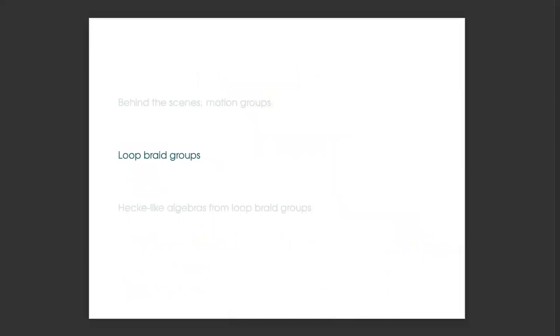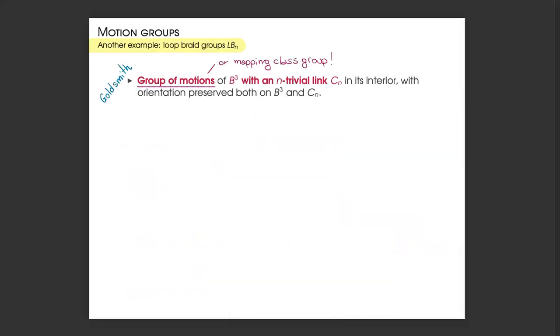Now that we have recollected the whole picture, let's move to another example of motion group, the loop braid group. The loop braid group can be defined as the motion group, or also as the mapping class group of B3, the 3-ball, with an n-trivial link in its interior, where we ask that the homeomorphisms preserve orientation both on B3 and on the link.